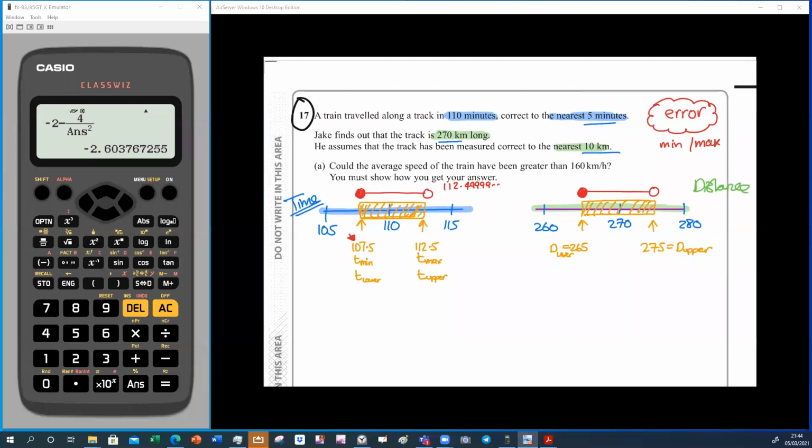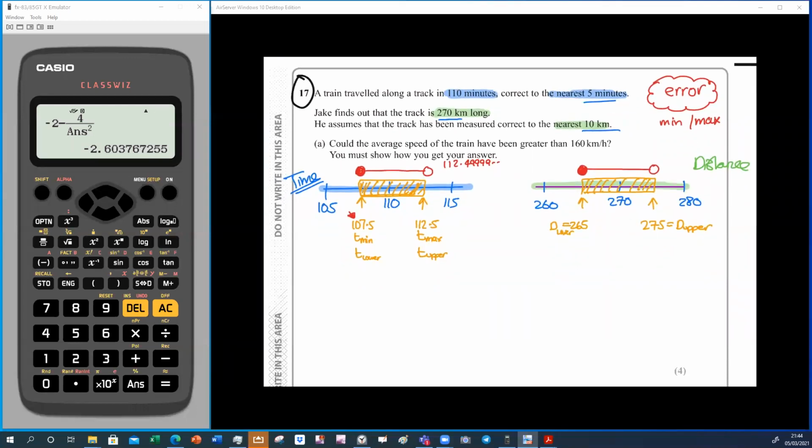Okay, so now the question is actually asking us to work out what? What do they want us to work out in the question? The average speed. So talk to me about average speed. Average speed is equal to distance divided by time.